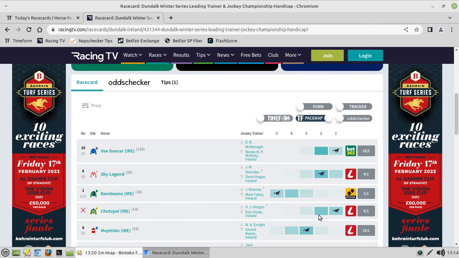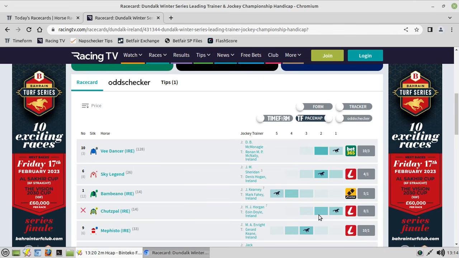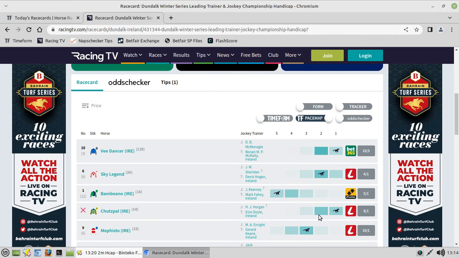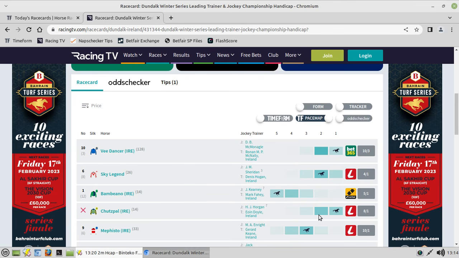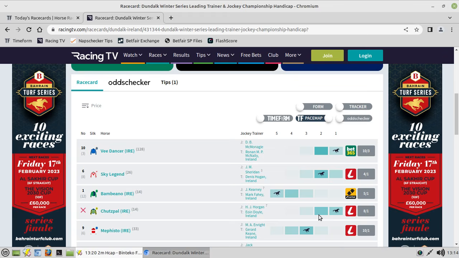There's another caveat I think I should say, however. Be careful of sprints that go around a bend. So we're predominantly talking about all weather. The reason for that is there may be some other things that you need to take into account. For example, any horse that comes out of the stalls and hits the bend first, whether they're a confirmed front runner or not, will shorten significantly in price.